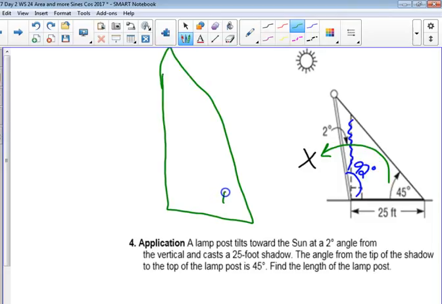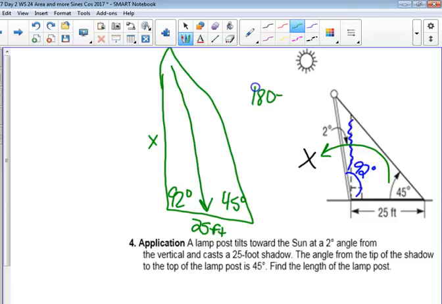Yeah, 45 degrees, 25 feet, X, and 92 degrees. Clearly. Okay. Yeah, we need this angle so that we can set it up across from the 25. 180 minus 45 and 92 leaves 43.